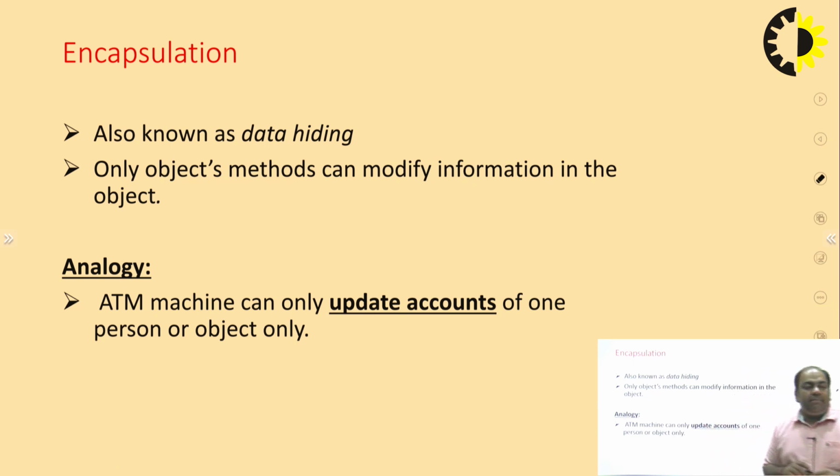Data hiding simply means that any information which we do not publicly display, we can encapsulate in some method by some name. Like when we eat a capsule, we get relief or we feel good, but we don't know what is inside that capsule.